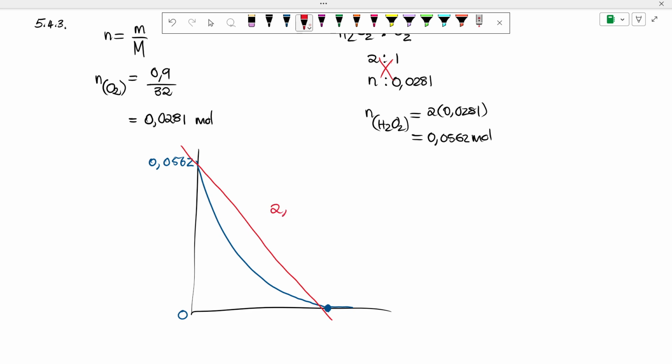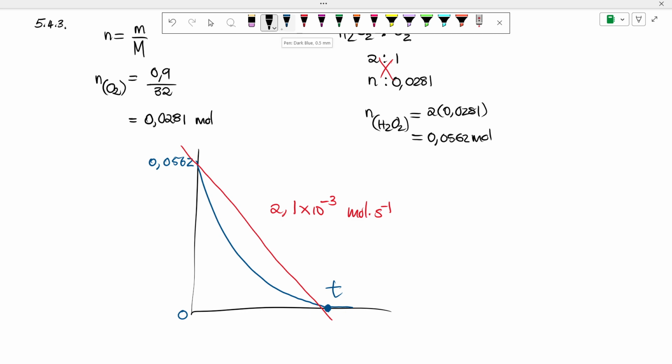They said it's 2,1 times 10 to the power -3 mole per second. So I can say, to find my T, this is T right here.